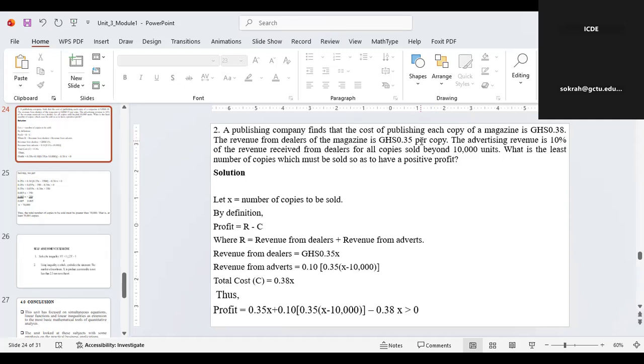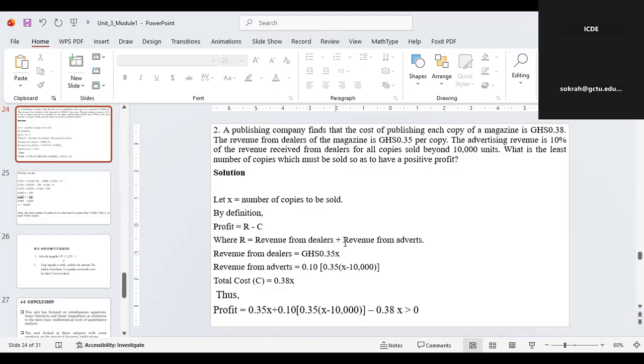So this copy is what we don't know, and we have represented it by X. So per copy, that is times X. So the revenue from dealers is going to be what? 0.35 times X, and that will give us 0.35X. So that is what we have written here.